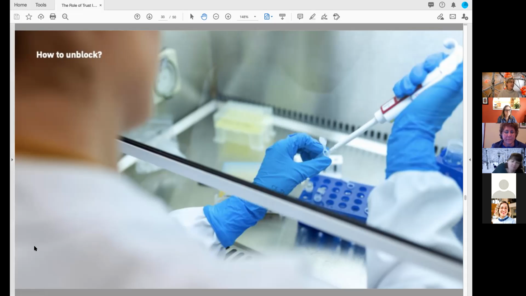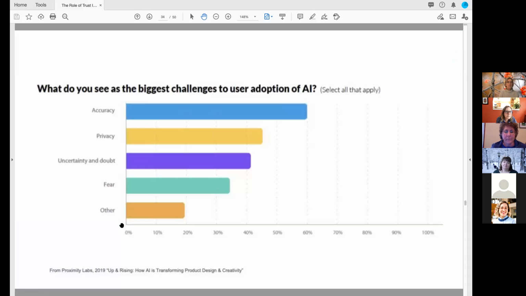And that helps society. And the last chart I'm going to share from the survey, the Proximity Labs survey, is about the biggest challenges to user adoption. Again, it was a select all that apply here, but number one was accuracy, which is no surprise. If accurate, then we think AI is good.